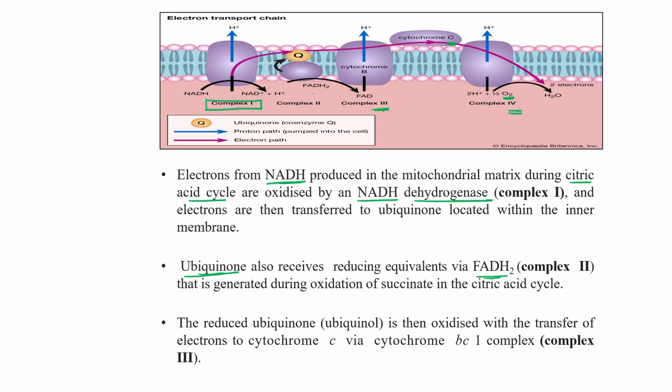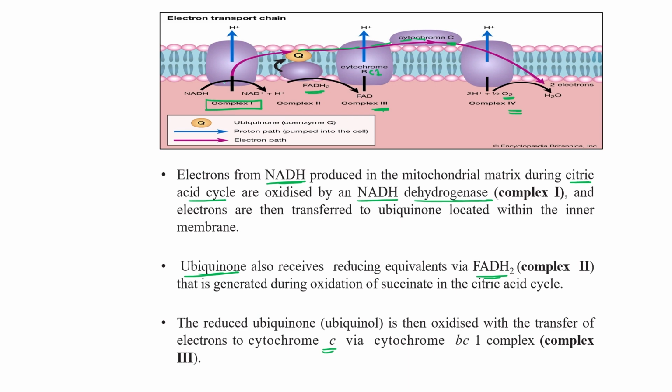As you can see, FADH2 is present over here, and its electrons from complex 2 are accepted by ubiquinone. This reduced ubiquinone is then oxidized with the transfer of electrons to cytochrome C via the third complex, the cytochrome bc1 complex.